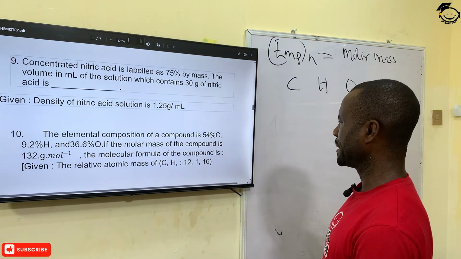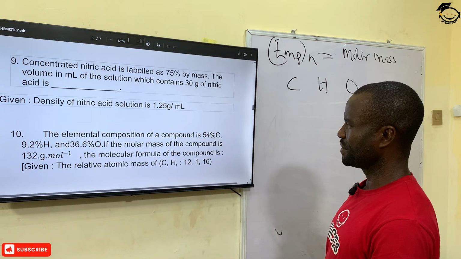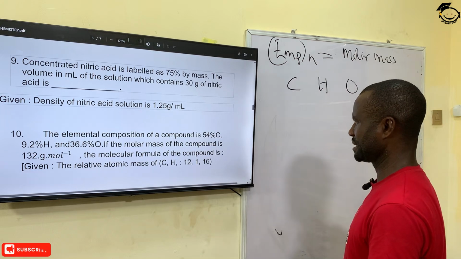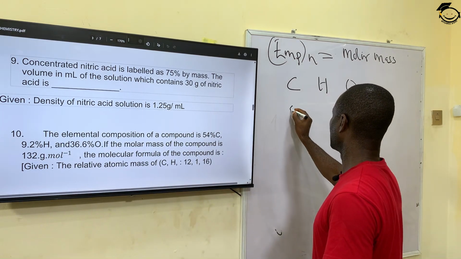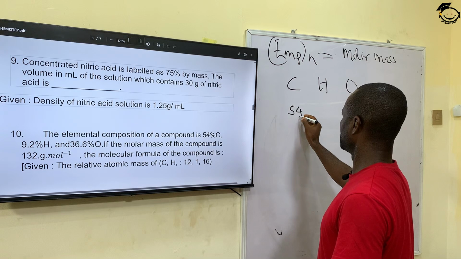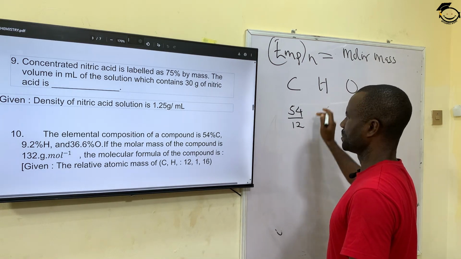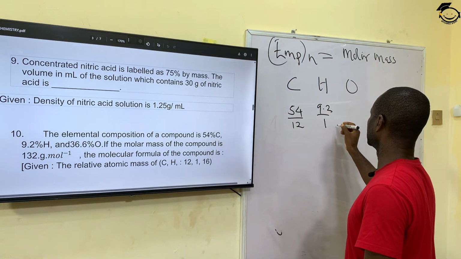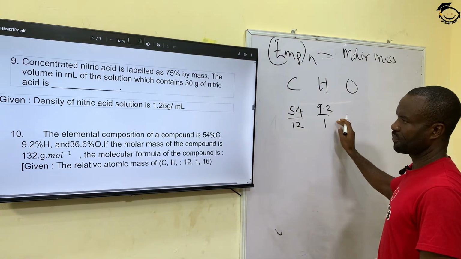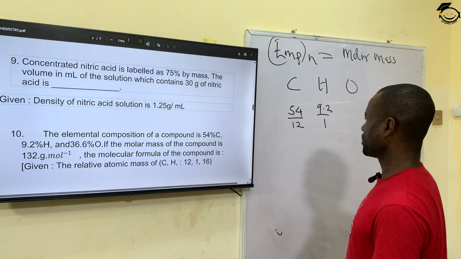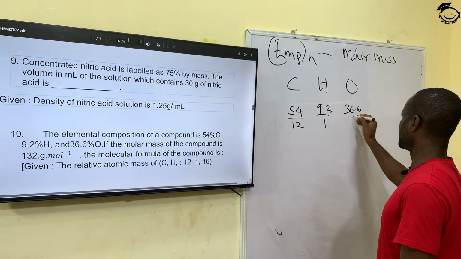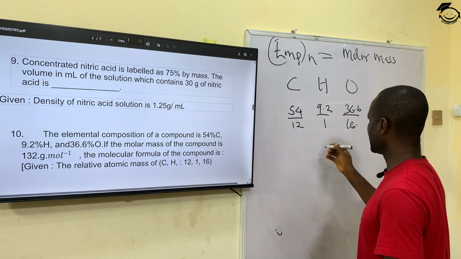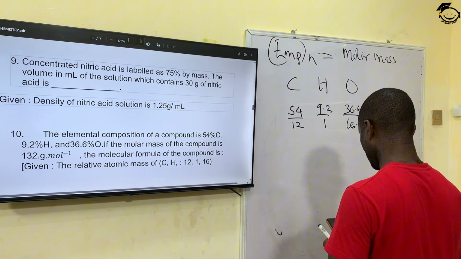So determining the empirical formula of this, we have to find the mole ratio of every element present. In this case, we have carbon 54% over 12. For hydrogen, we have 9.2 over 1. While for oxygen, we have 36.6% over 16, which is their relative atomic mass. So finding this, let's use our calculator.